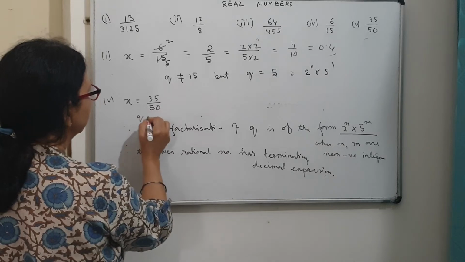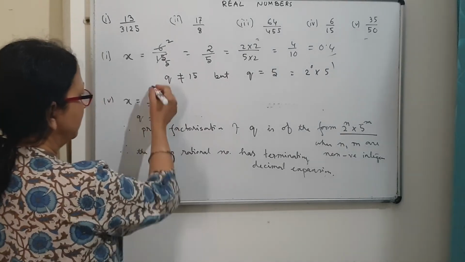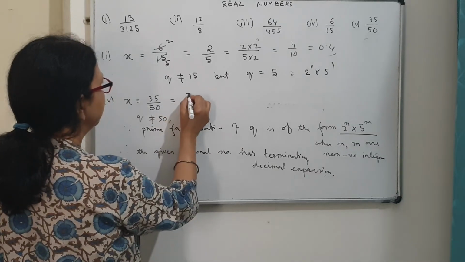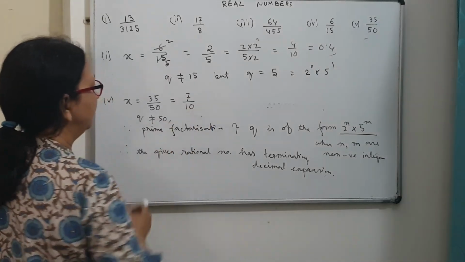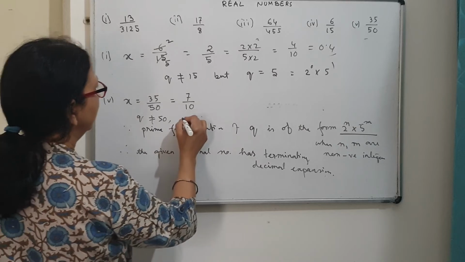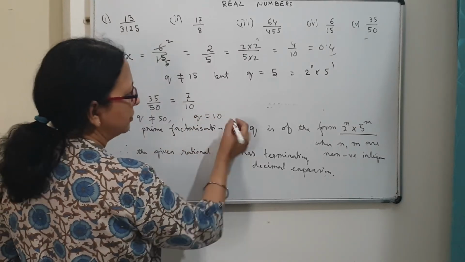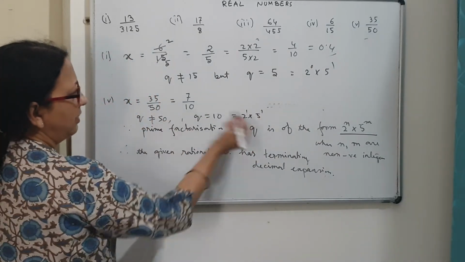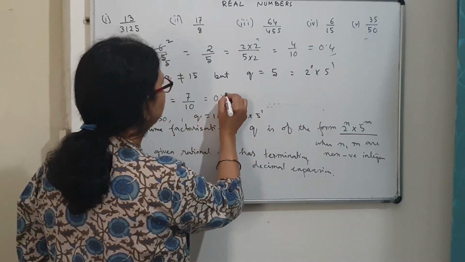Here also q is not equal to 50, as 35 and 50 are not co-prime. So we bring it into the lowest form, 5 times 7 is 35 and 5 times 10 is 50. So your q is equal to 10, and so it is of the form 2 into 5, and so it will have a terminating decimal, and it is 0.7.